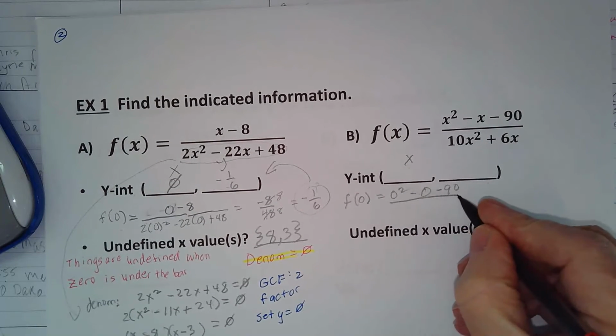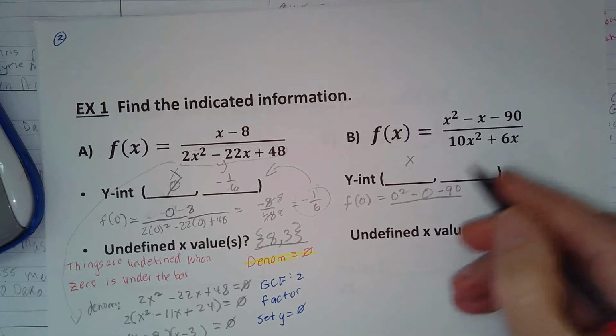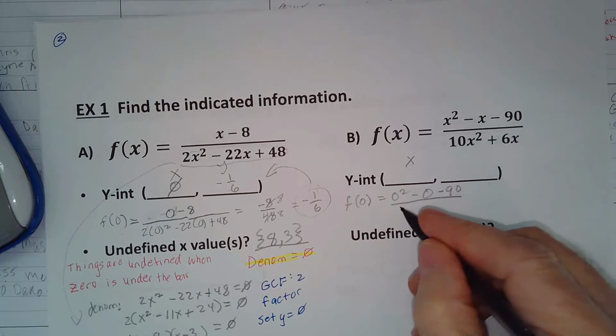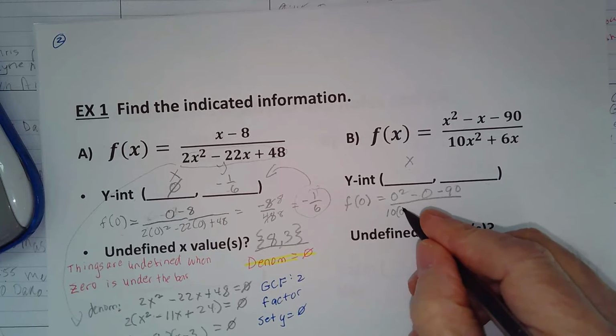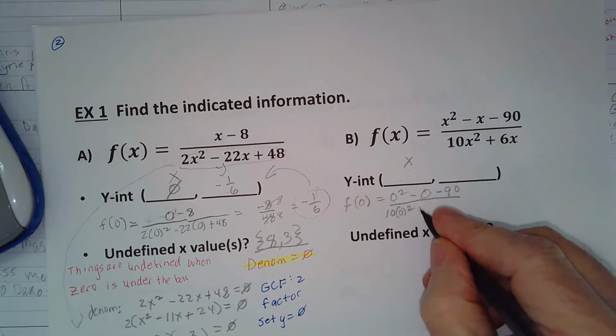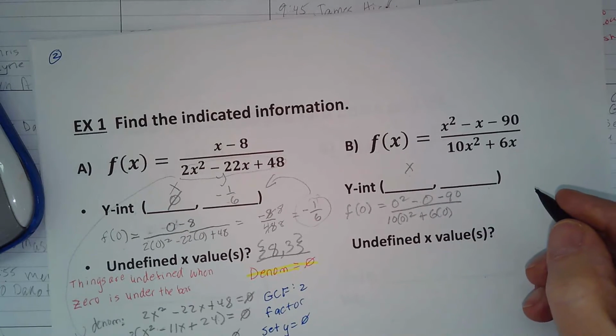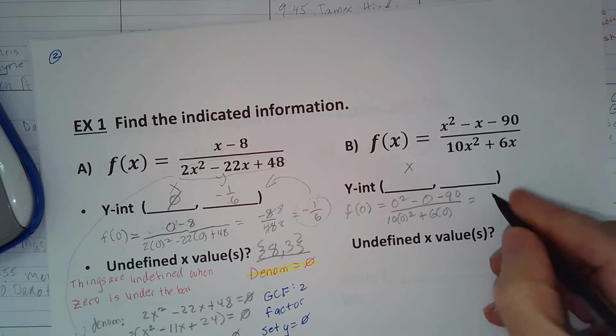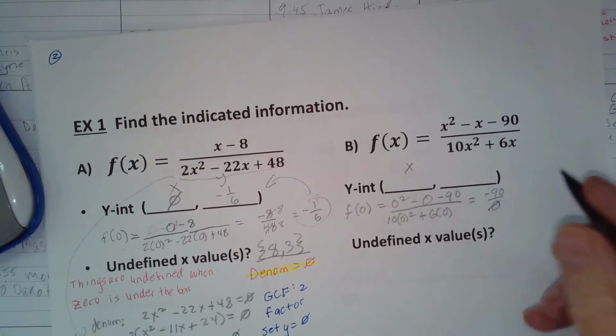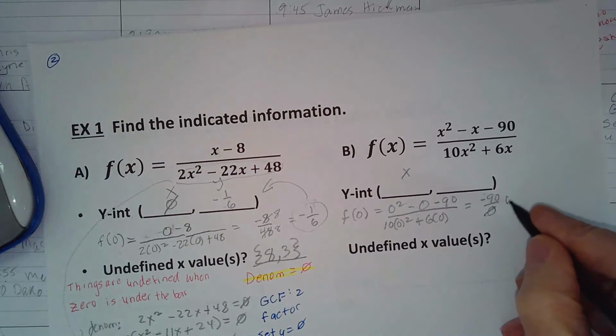And that's divided by 10 times 0 squared plus 6 times 0. Well, we're left with negative 90 over 0. Ouch. That's undefined.